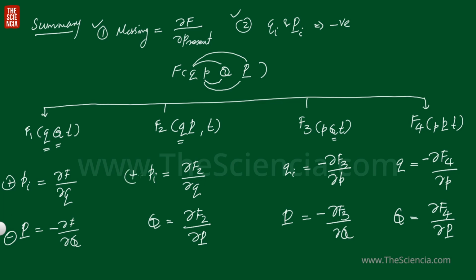Here both are positive, here both are negative, and this is negative and this one is positive. So you can see that for F2 it is all positive, for F3 it is all negative. Okay, so remember these equations, it is very important.